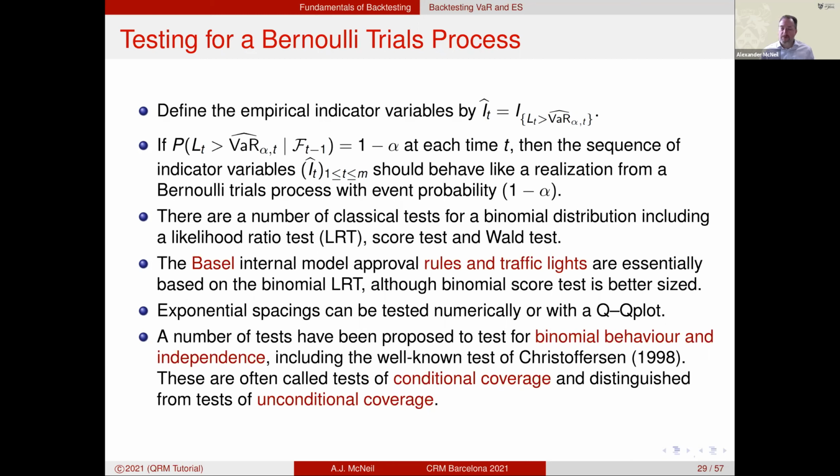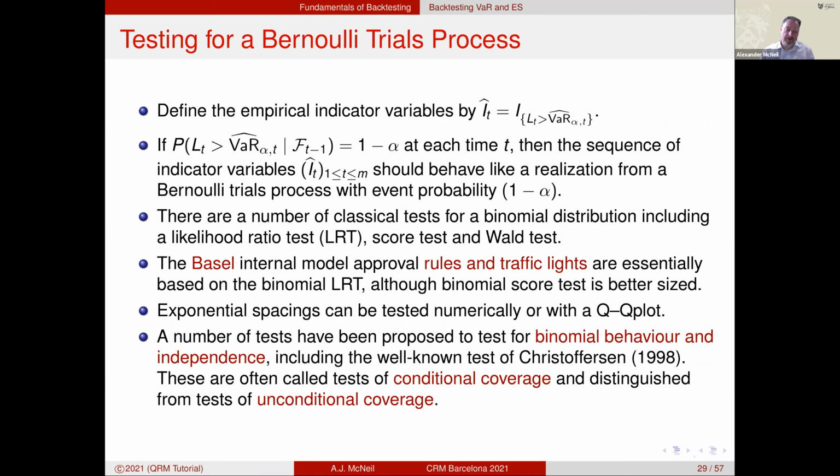And it does that by testing against an alternative hypothesis that the violations or the exceptions behave like a Markov chain. So it tests against Markov chain dependence in the exceptions. It's not the most powerful test, but it is widely used, and therefore I will also implement it in the practical example.